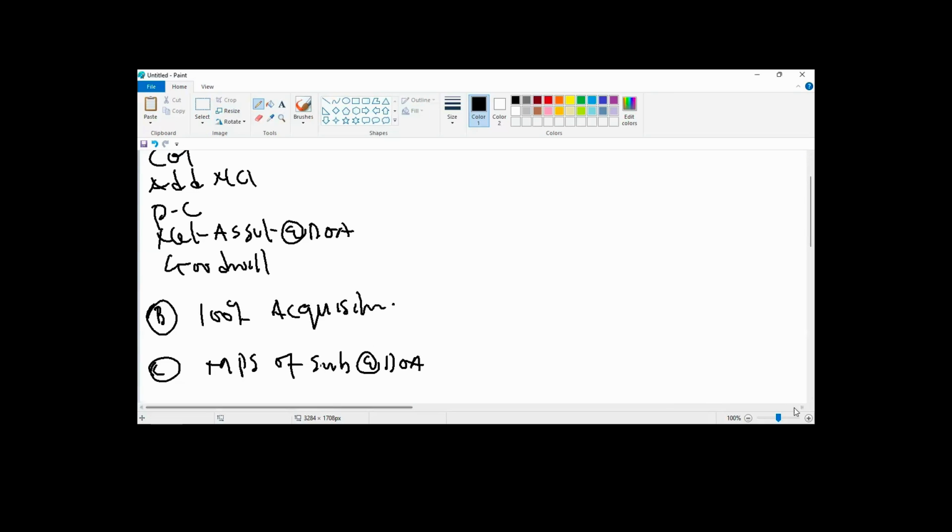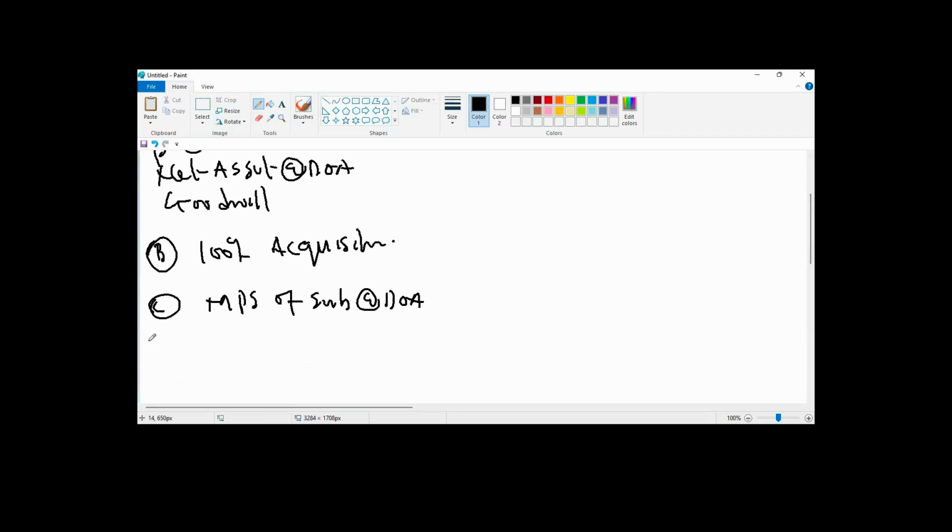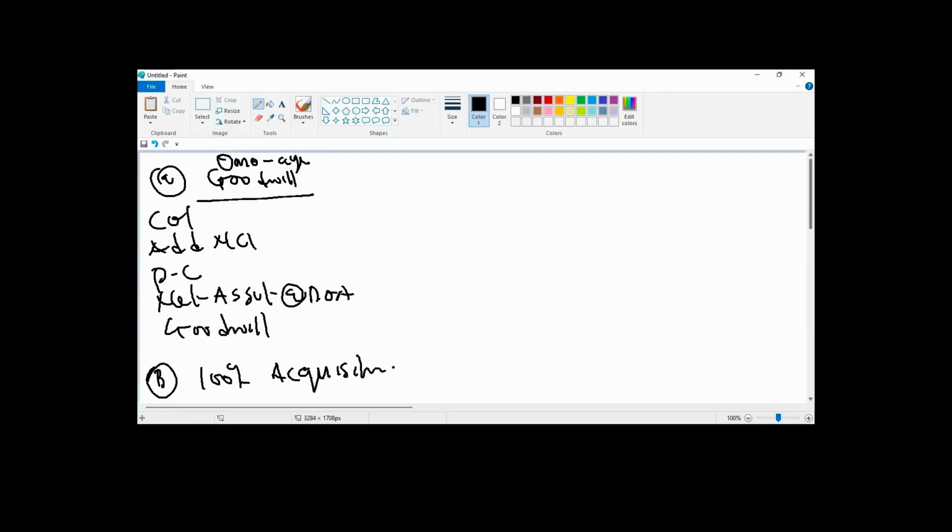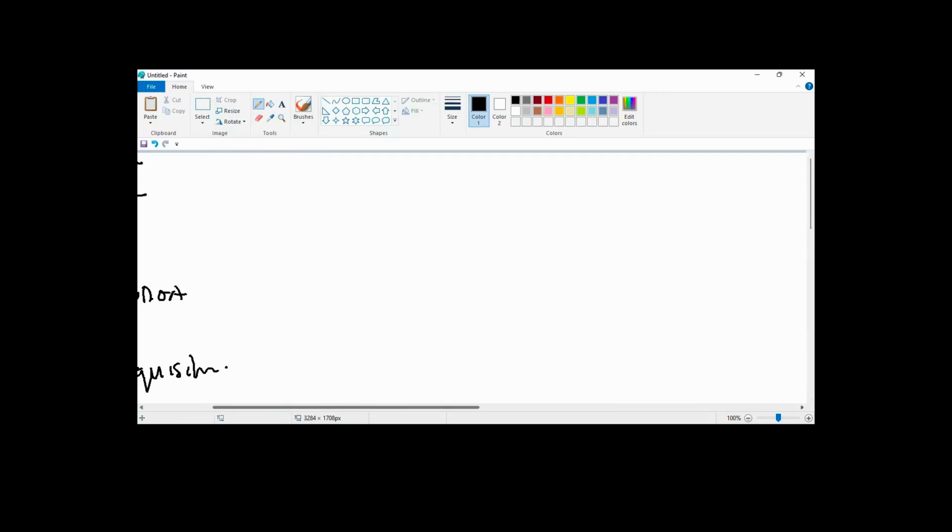Then the last one, D: goodwill attributed to NCI, using share of proportionate. That's okay. Let's go to the body of the question now.